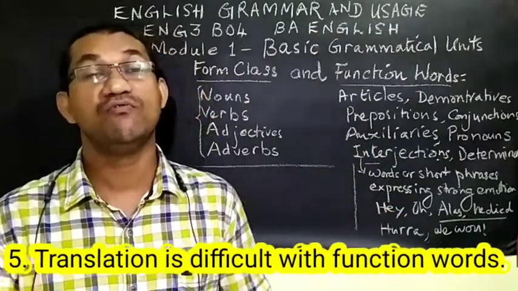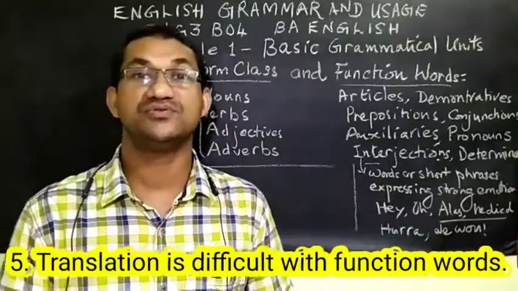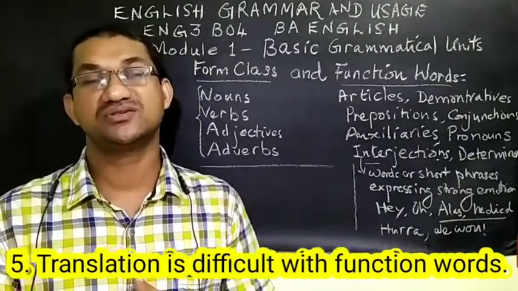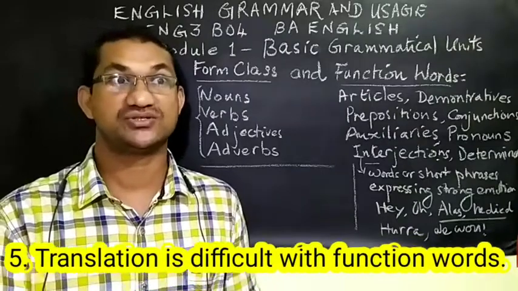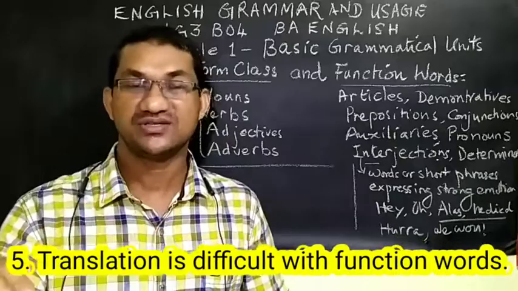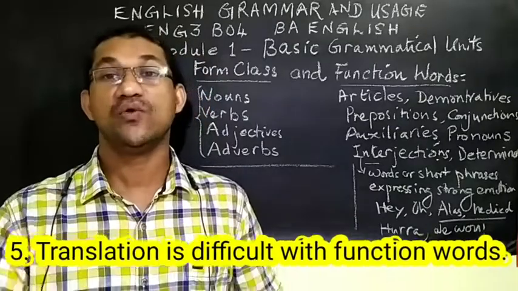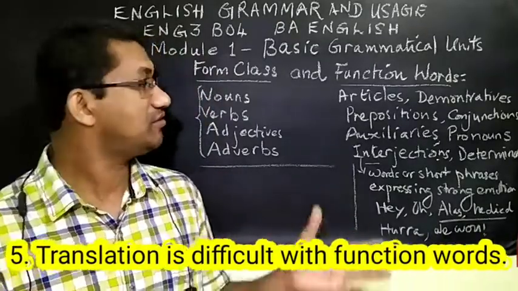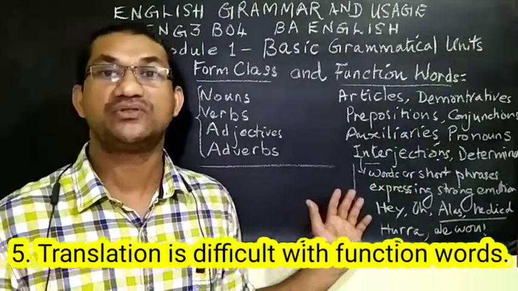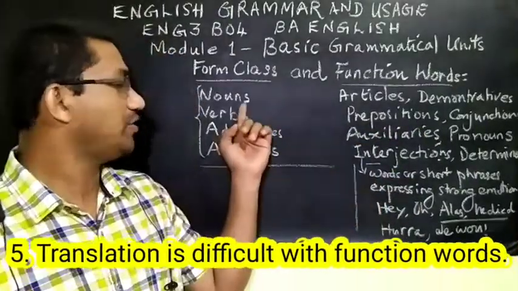Now we just move forward, and of course we come to pages 14, 15 and 16 of the course book, that is English Grammar and Usage. In these pages 14, 15 and 16, we have the definition of each of these terms, and we are familiar with all that. We know what a noun is.